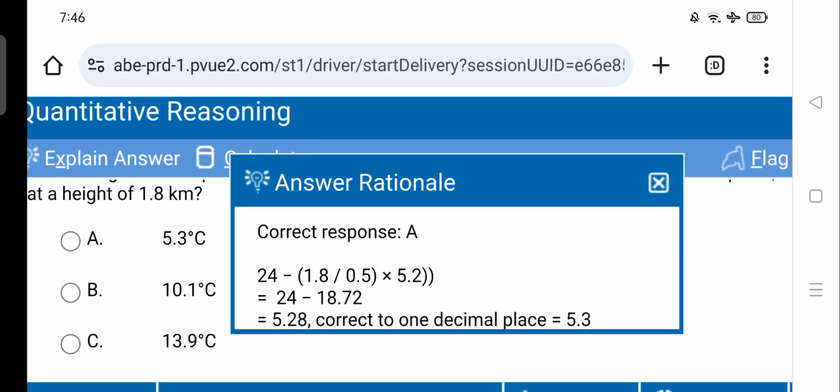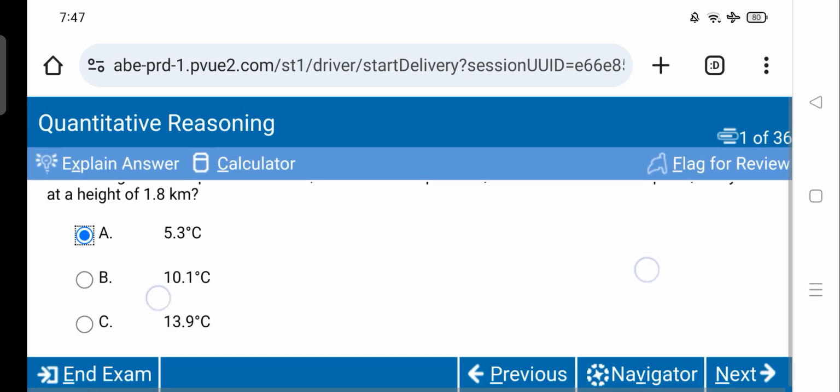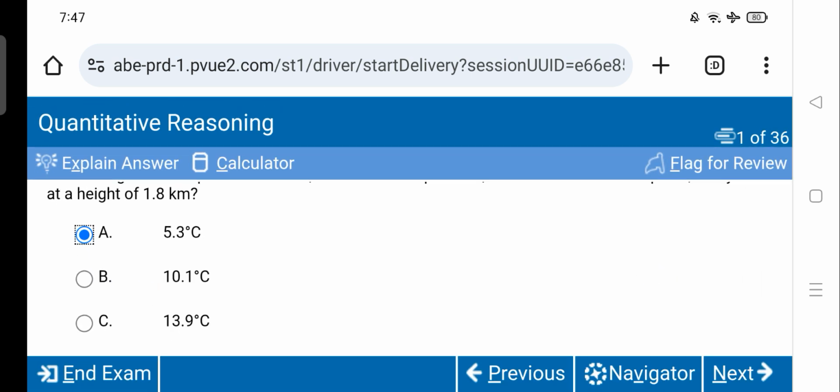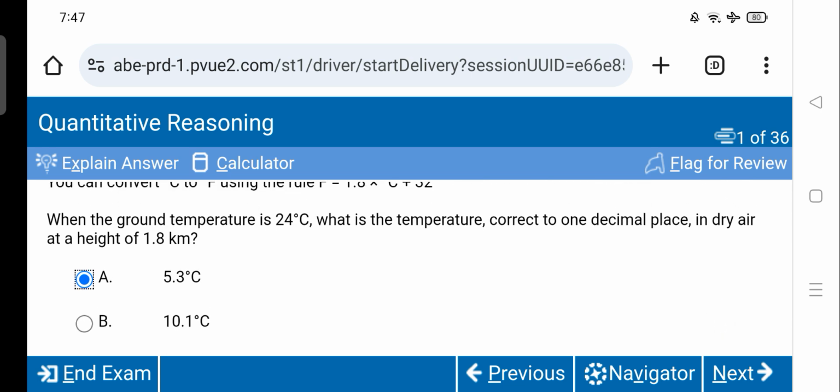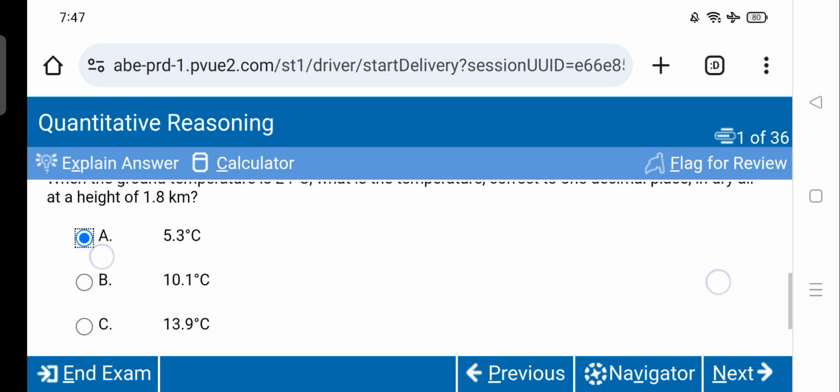Correct to 1 decimal place, that equals 5.3. So the correct option is option A, which is 5.3 degrees centigrade. This is the temperature, correct to 1 decimal place, in dry air at a height of 1.8 kilometers.